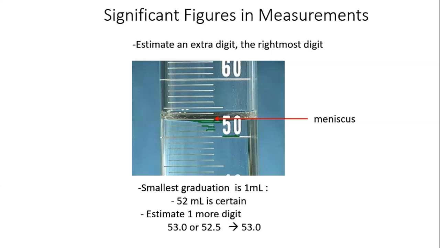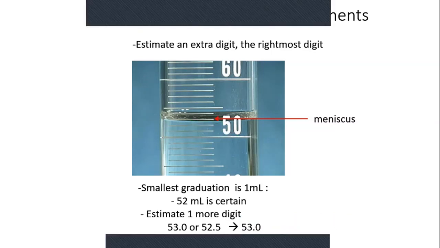If we say, well, it's between 52 and 53, we would say 52.5. So here, since it's very close to 53, we would record the measurement as 53.0 milliliters. Again, this has 3 significant figures. So you have to include the certain digits and one uncertain digit.